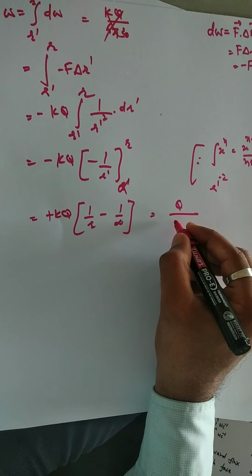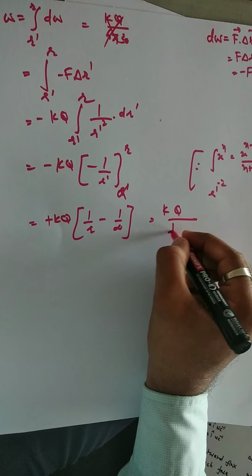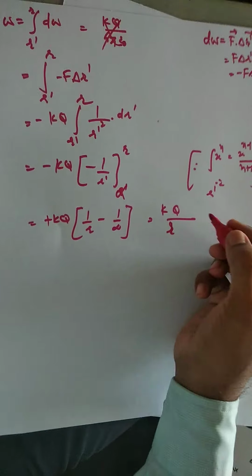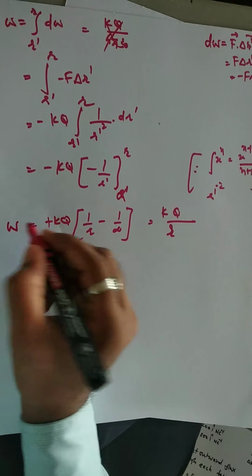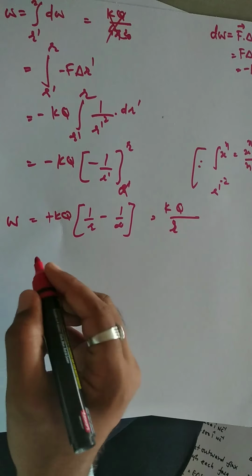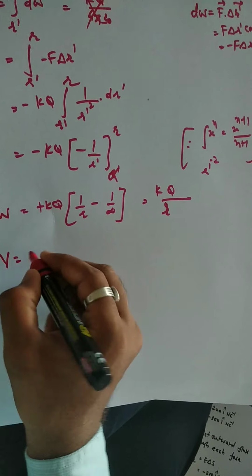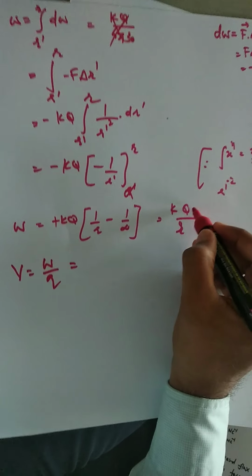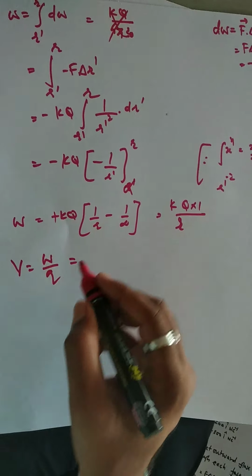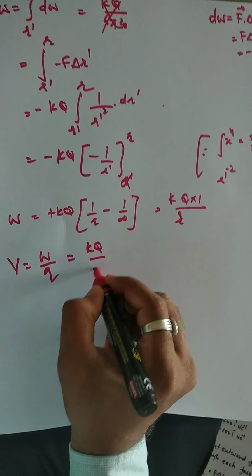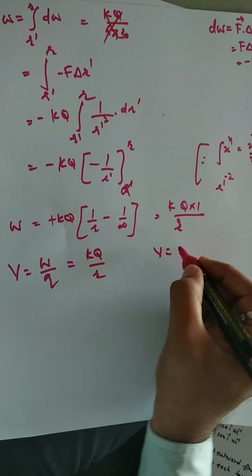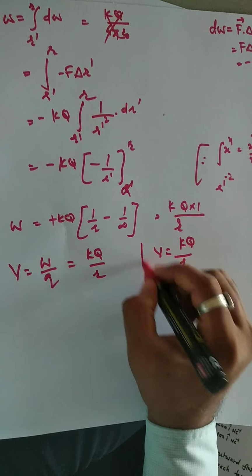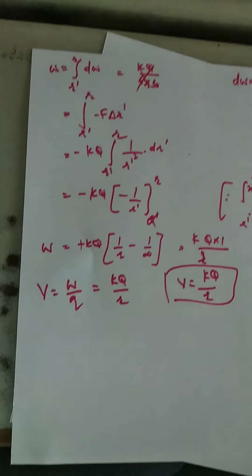So that will be kQ upon r. So that is the equation of work done, and as we know that electrostatic potential is the work done upon unit charge q, and we have already considered this unit charge as 1. So kQ upon r is the equation of electrostatic potential because of a point charge.